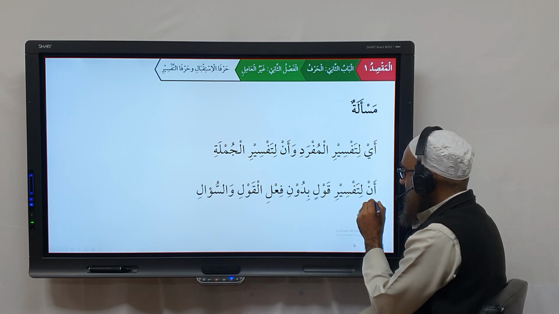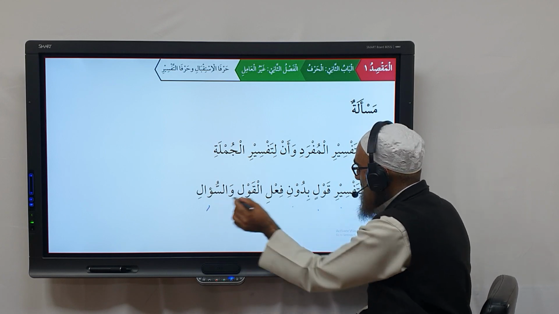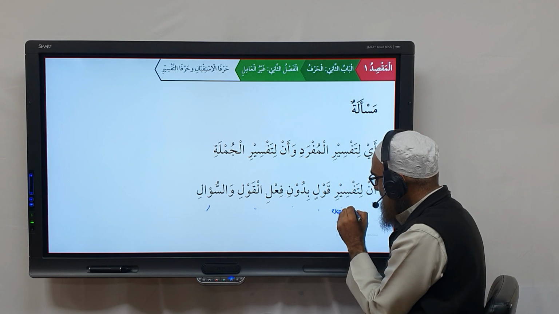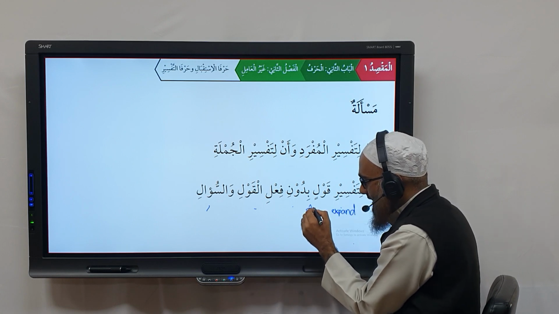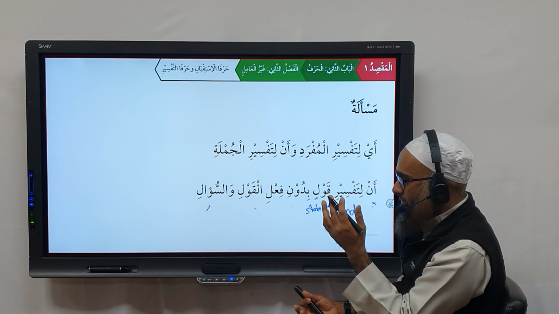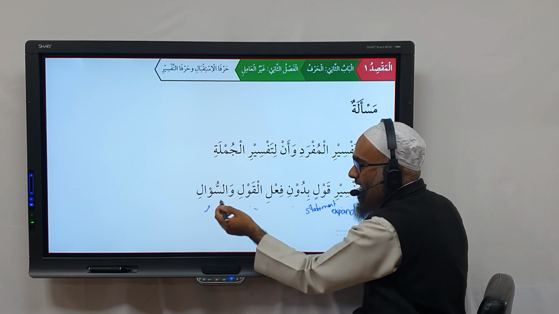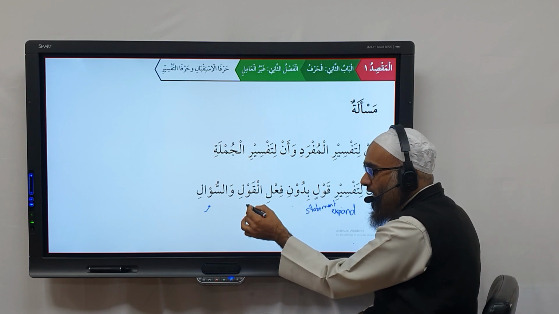And an is لتفسير قول بدون فعل القول والسؤال. The an is to explain, expand, explain a qawl, a statement. Right here, a statement. So the particle an is to expand on a statement without the verb of a qawl or su'al. If you have sa'ala, yas'alu, sal, then you don't have an. Or if you have qala yaqul, you don't have an.